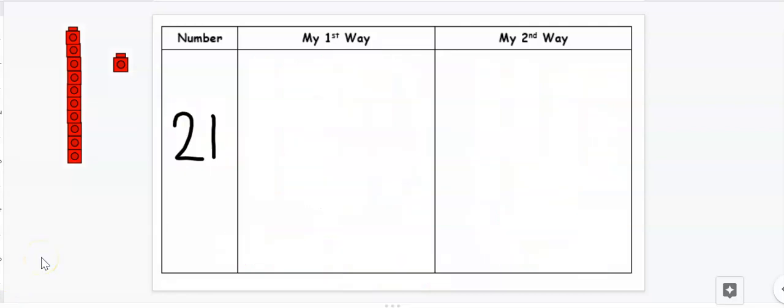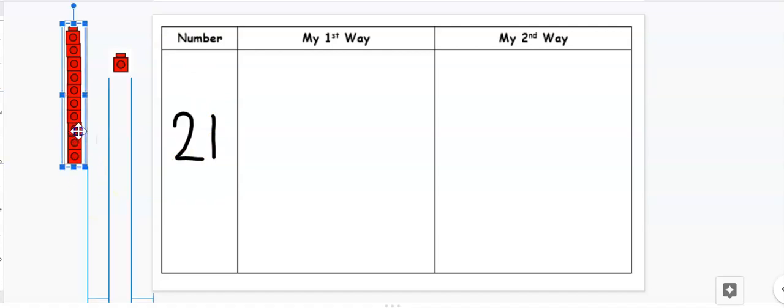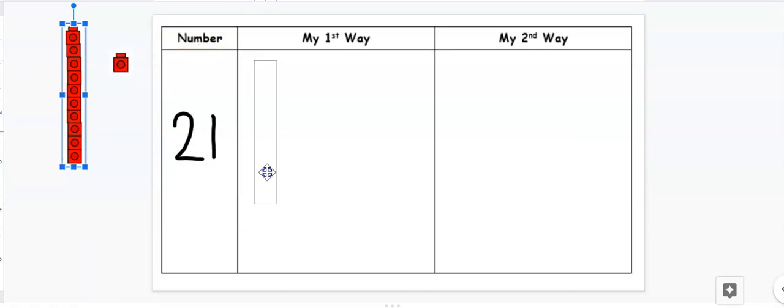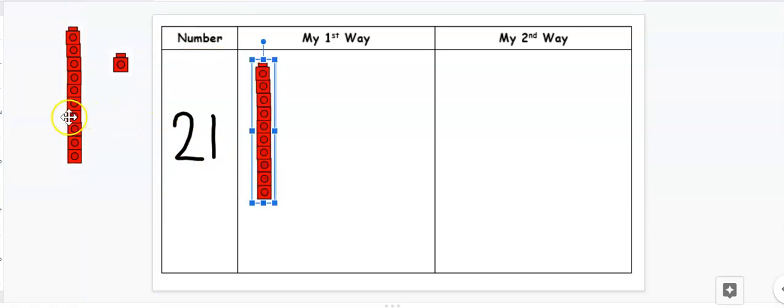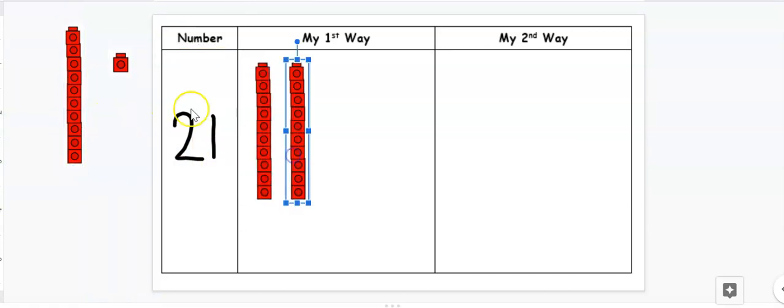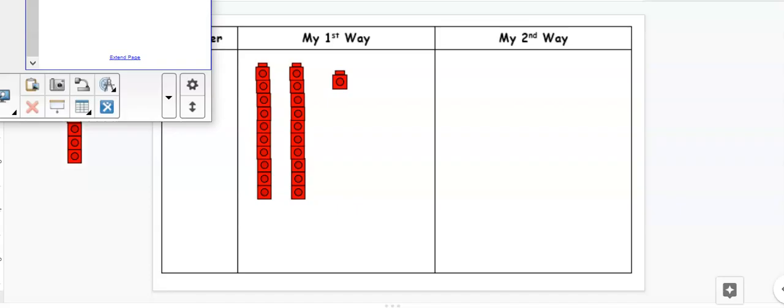Okay, next we're going to build this number. Do you know what this number is? 21. That is correct. Okay, so I'm going to move my 10s over. 10, 20, 21. So I'm going to get my pen.